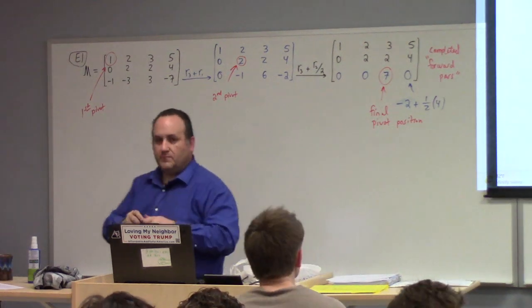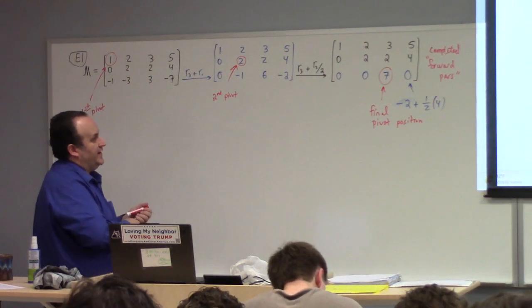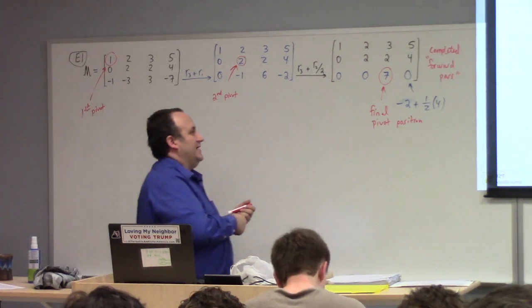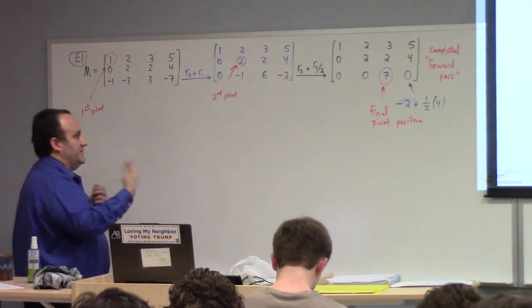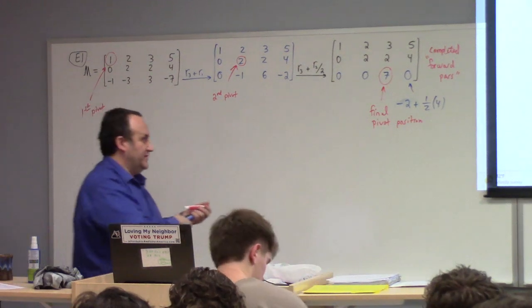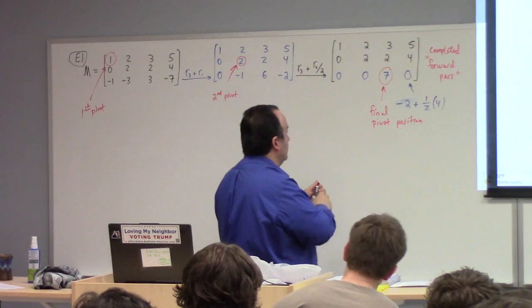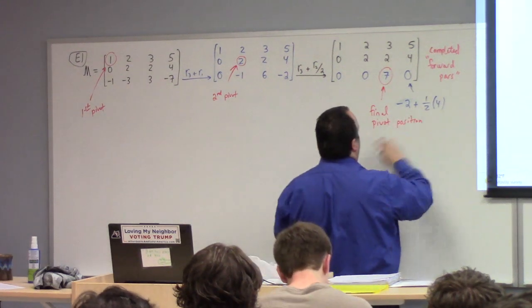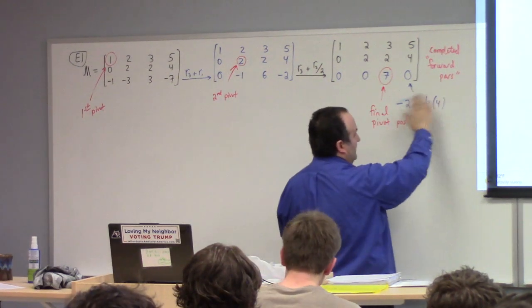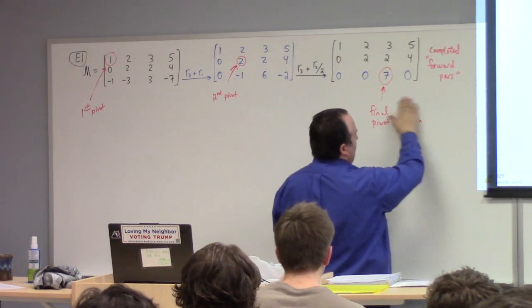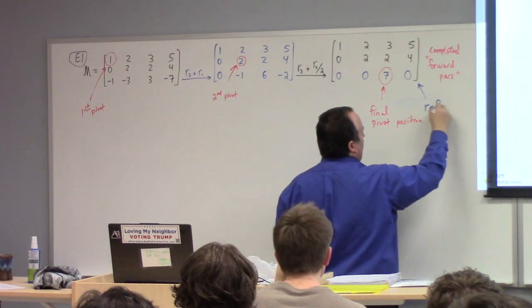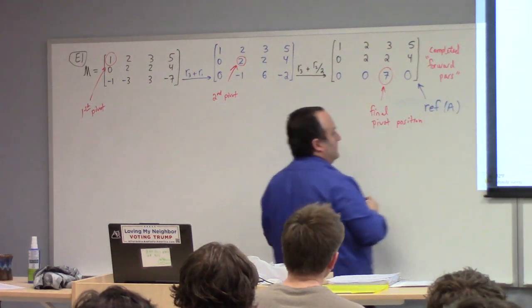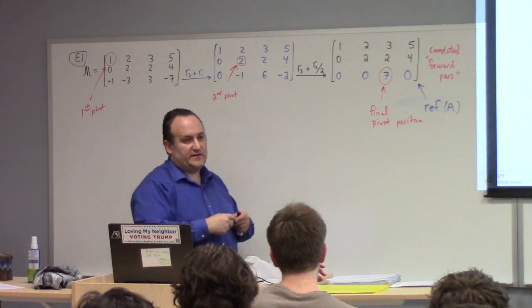I should mention this right here that we have. Well, I guess it depends on which book you read. Some books would even call this a reduced echelon form. So some books would say that this is. I'm going to erase this arithmetic if that's okay. Can I? Well, I'm going to do it anyway. So this right here, some people might call it REF of A. But this is reduced echelon form.